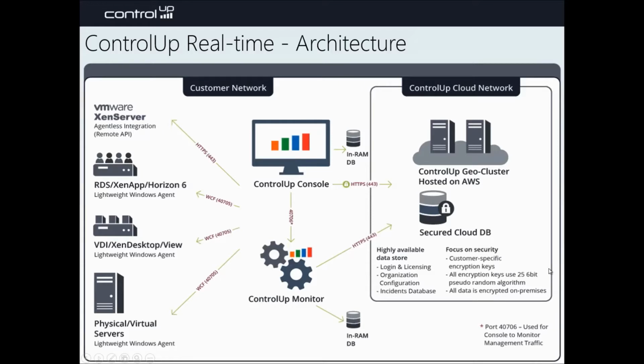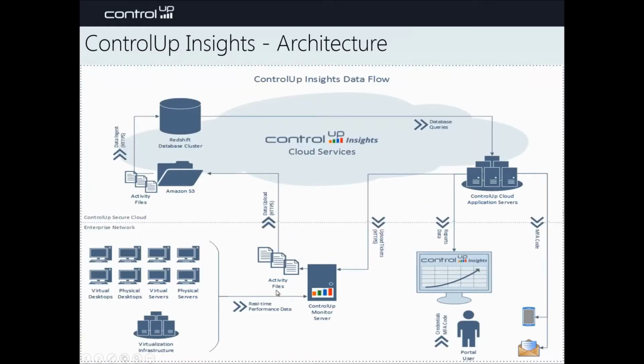Now, when you're using our online, or what we call enterprise, deployment mode, the back-end ControlUp components are hosted in AWS. We have a geo cluster deployed across a few AWS regions, and this is where we store the back-end databases, which mainly include the organization configuration database and the historical incidents database. Everything is fully encrypted. We use a per-customer encryption key.